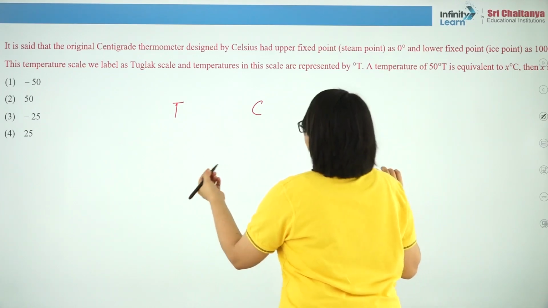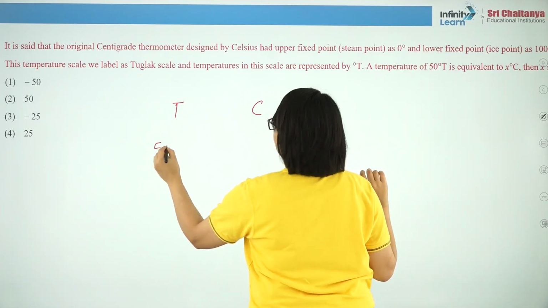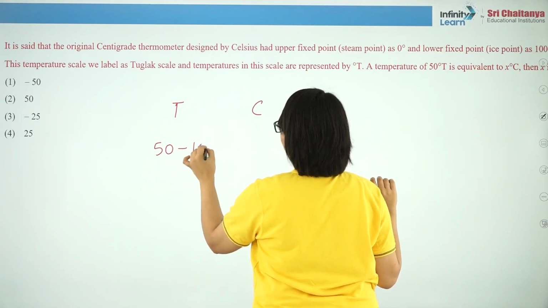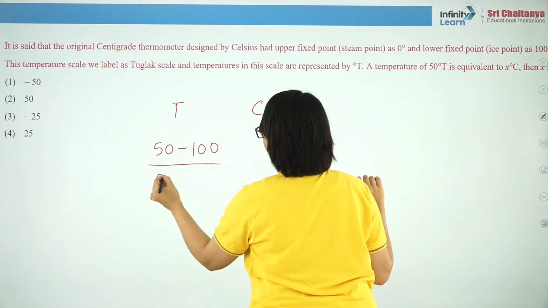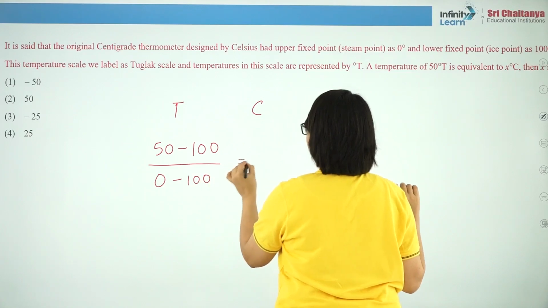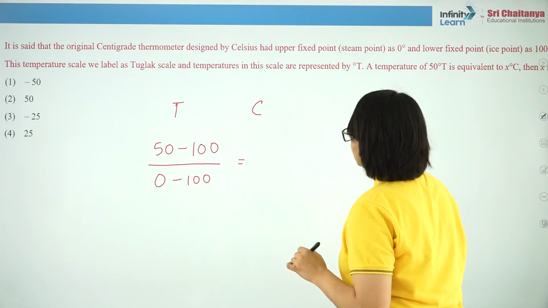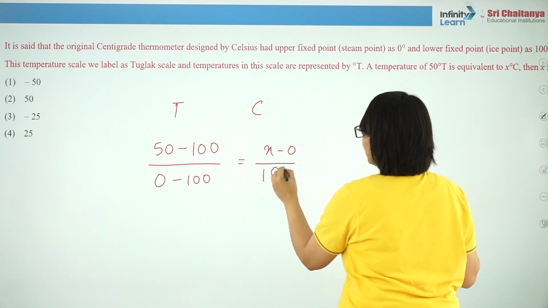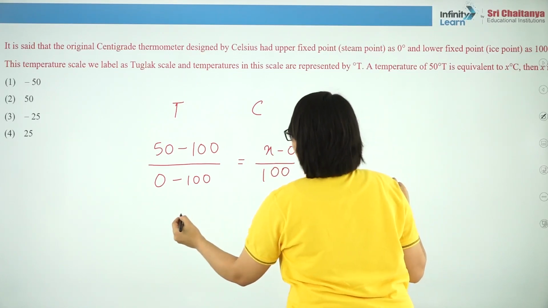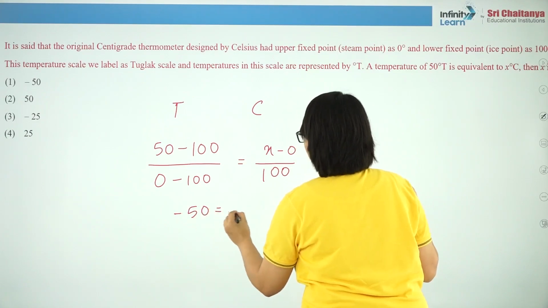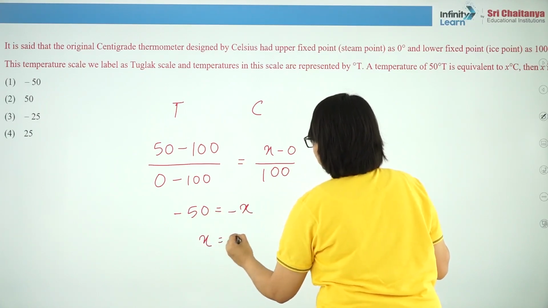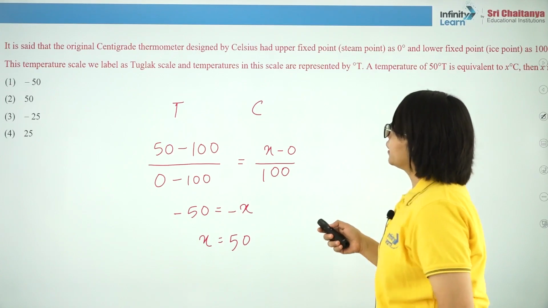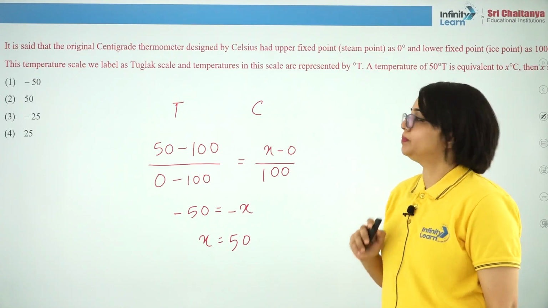So, for Tughlaq it will be 50 minus lower fixed point 100 upon upper fixed point minus lower fixed point is equals to, for degree Celsius, x minus 0 divided by 100. So, you can see that minus 50 is equals to minus x and x is equals to 50. So, correct answer will be option 2.